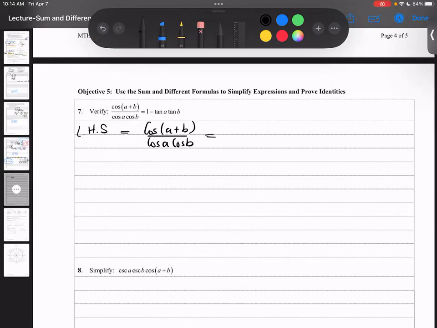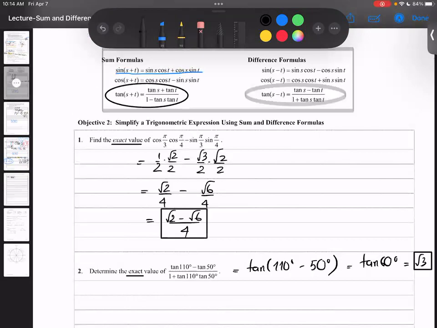If you look it up, cosine of A plus B, cosine of s plus t is cosine s cosine t minus sine s sine t.